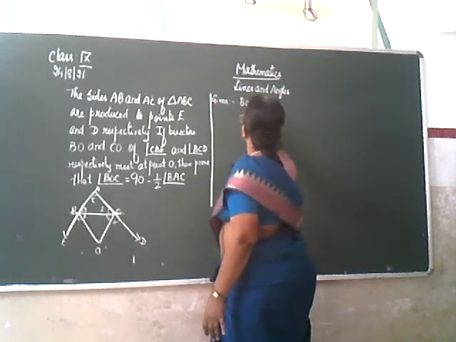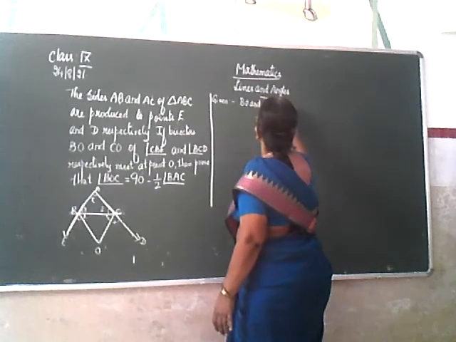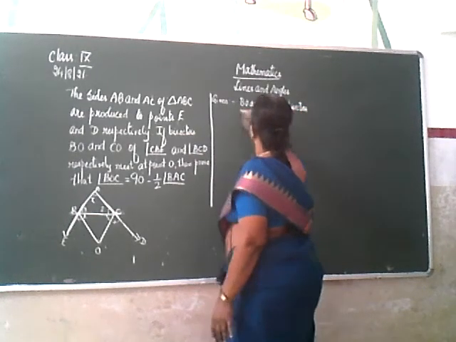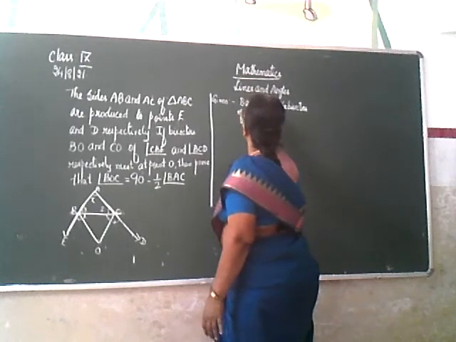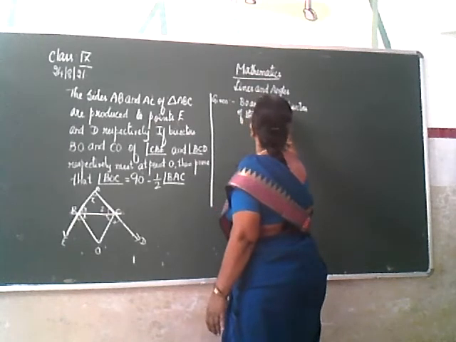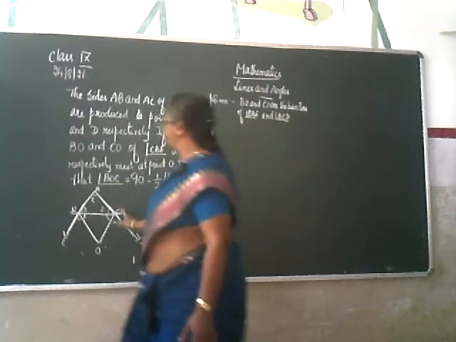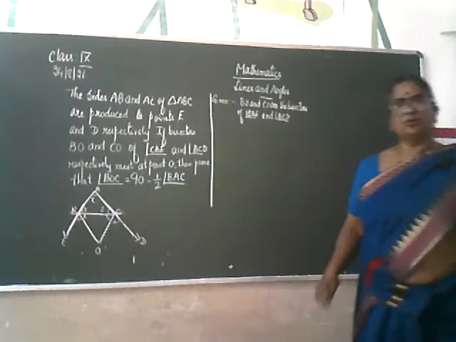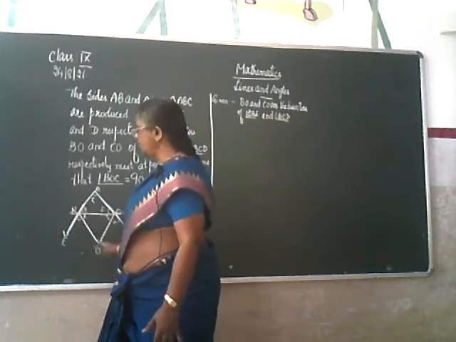BO and CO are the bisectors of angle CBE and angle BCD. So bisector of CBE and BCD, that is nothing but CBO is equal to OBE.